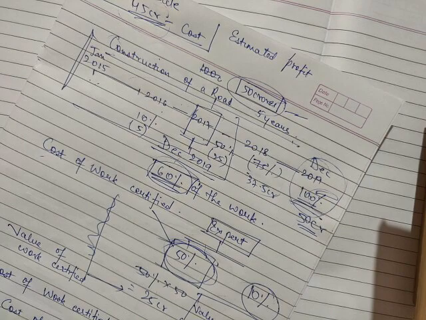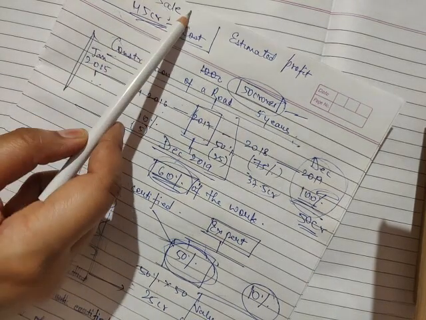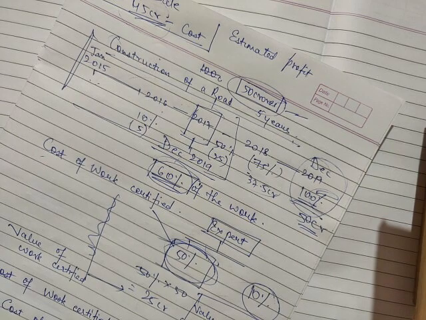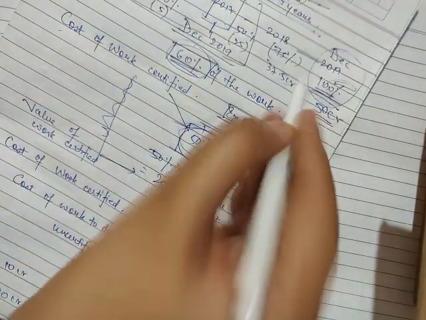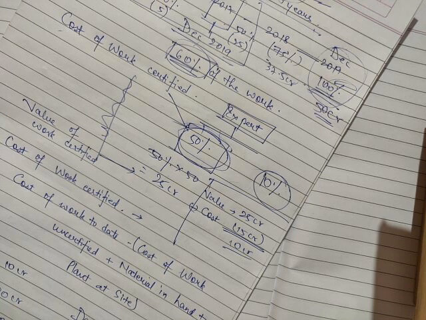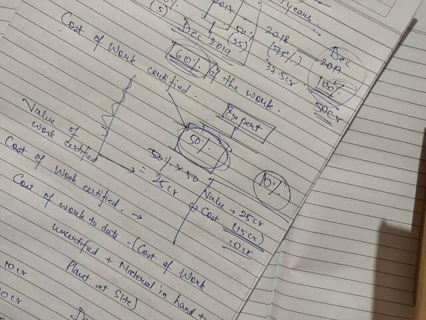So estimated profit is the excess of the contract price over the estimated cost. Notional profit is at any given point of time during the contract. It is the difference between the value of work certified, that is, how much the expert has said yes, your work is complete, minus the total cost incurred to complete that percentage of work.